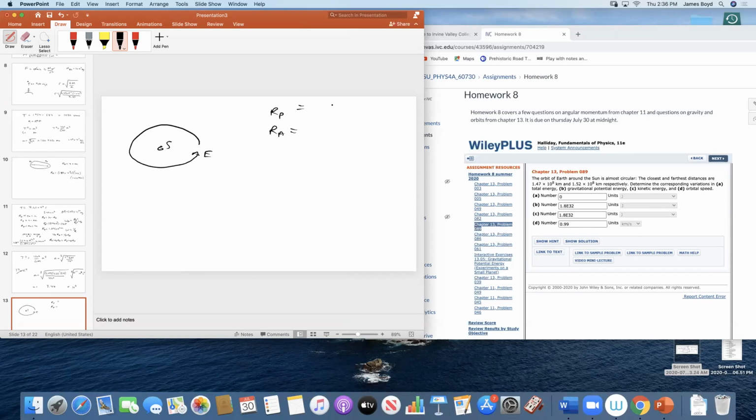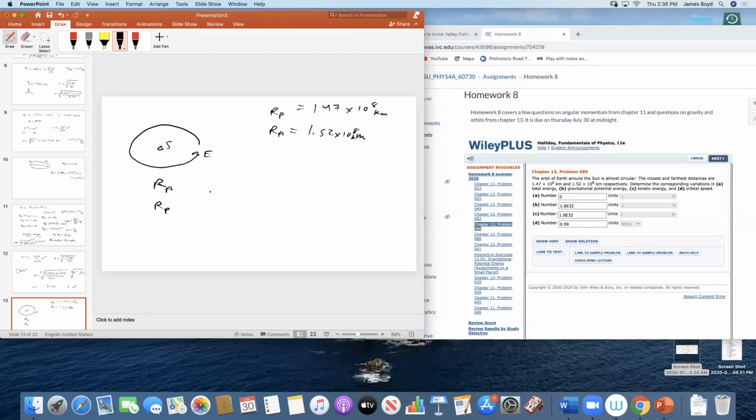So for the Earth at perihelion, remember this is the closest, 1.47 times 10 to the 8th kilometers. I hate Wiley for this, 1.52 times 10 to the 8th kilometers. Let's turn those into meters. Why?